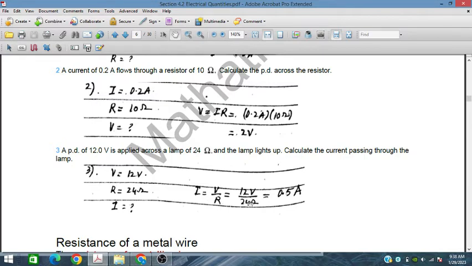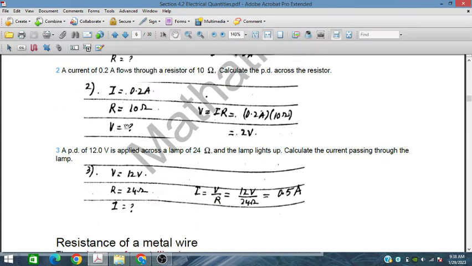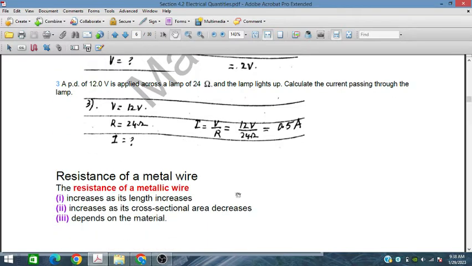I is equal to V upon R, so 12 volt divided by 24 ohms is equal to 0.5 ampere. So we have these: V is equal to IR, I is equal to V upon R, or R is equal to V upon I. So this is simple.